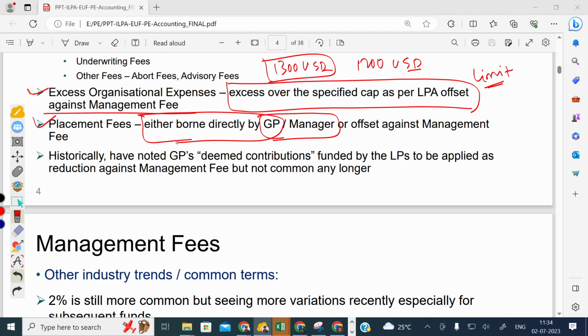I can send you one quotation directly, right? Otherwise, I can also ask you to pay GST separately, tuition fee separately, cloud expenses separately. Or else I can ask you to pay a lump sum amount to me, and I'll offset all other expenses against each head. That also happens. So placement means investment expenses.